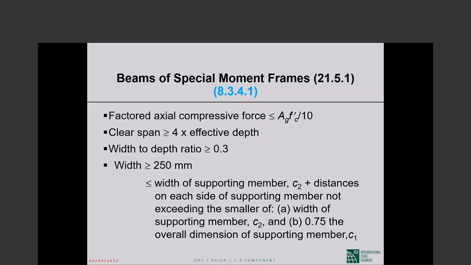The shear will come from the additive load combination, 1.2 dead, 0.5 live, 0.2 snow, and 1.0 earthquake, that is big seismic. So the shear that you have to design for will come from that load combination.